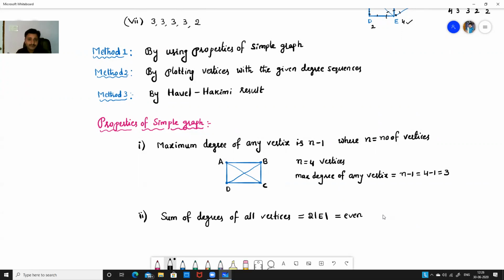Remember, it is applicable for any graph, but I can also use this for a simple graph. Since it is applicable for any graph, I can also apply this property to a simple graph. That is the reason I have written this point.